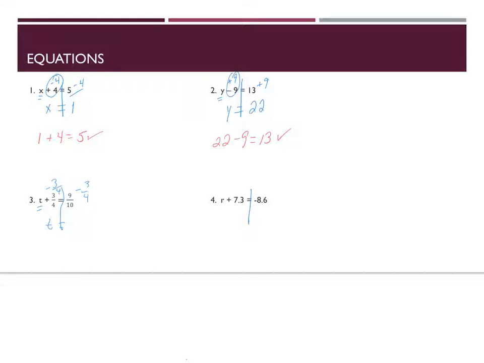Now on the other side, I have 9/10 minus 3/4. Again, I have technology available, so I type that into my calculator, and I'm going to state the answer as a fraction because the problem came with fractions. And the answer in a fraction is 3/20.